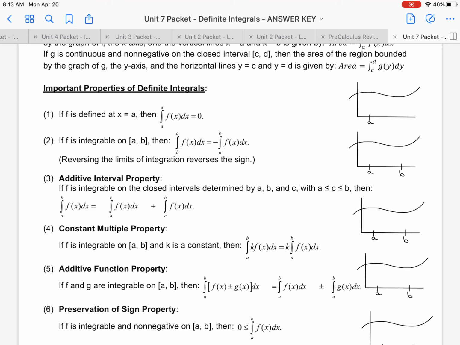Okay, so property number 1, if f is defined at x equals a, then the integral on the interval from a to a of f of x dx is equal to 0. Right?